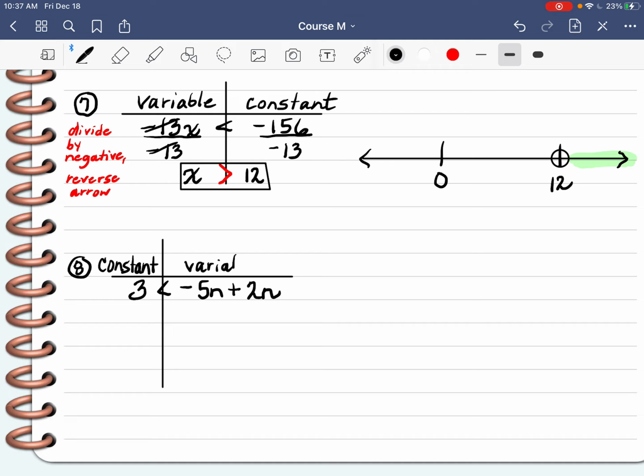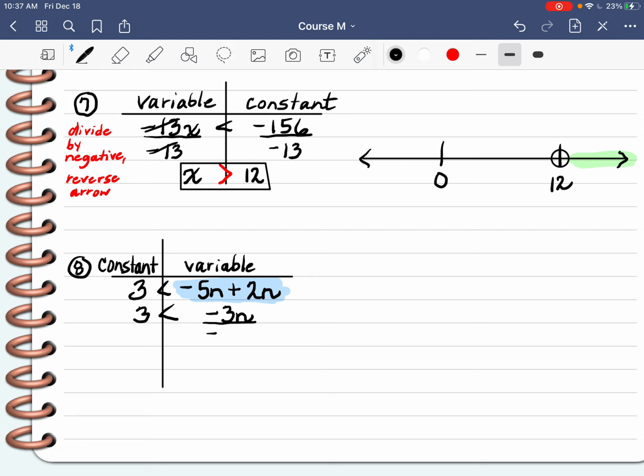And we have 2 variables on the right, but they're both n's, so we can work with that. As long as they're the same letter, we're okay. So the first thing I'm going to do is to combine those variables. They're together, we just need to put them together even more. So negative 5 plus 2, that's negative 3n and 3.